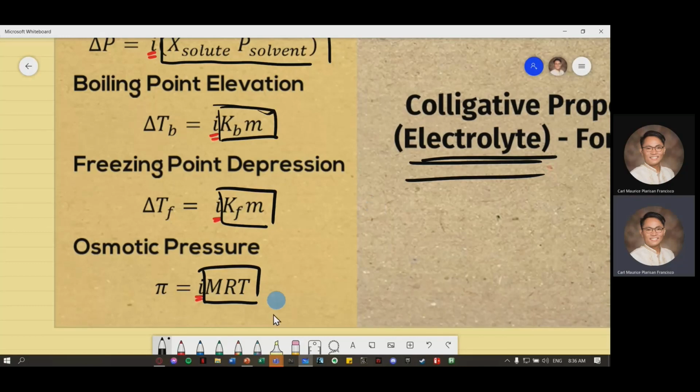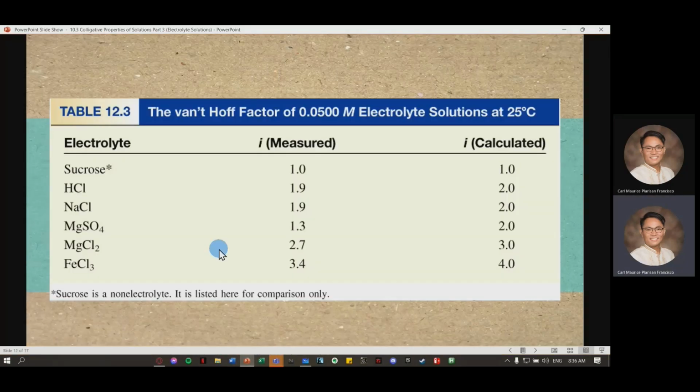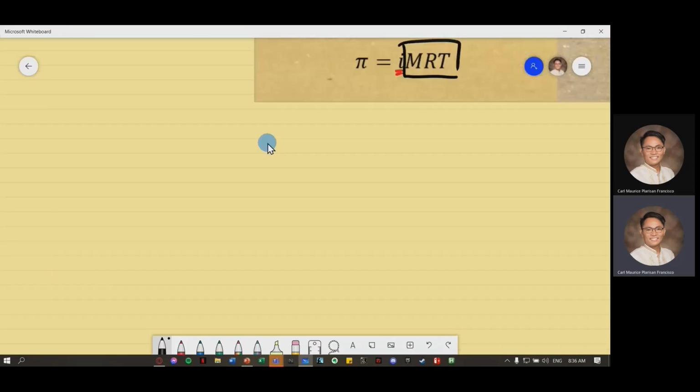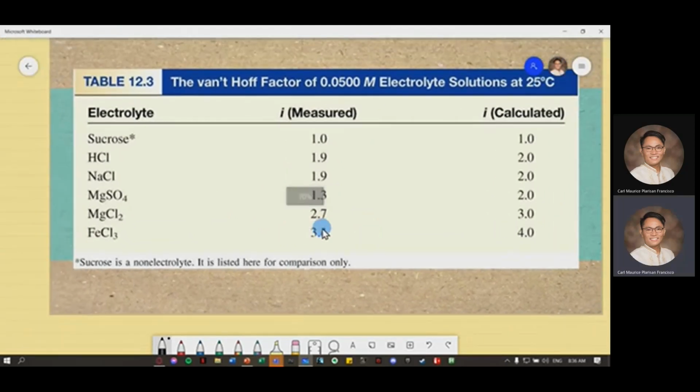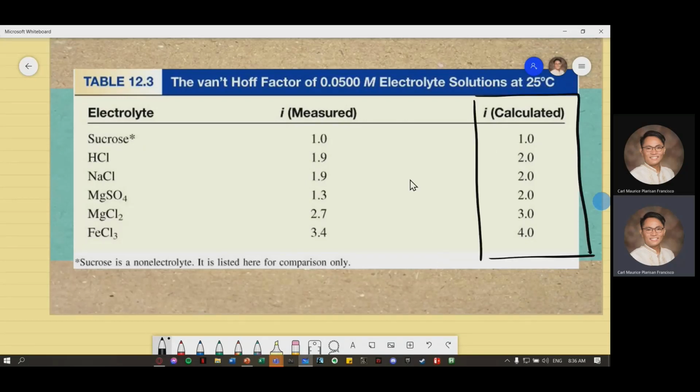Okay? Ayan. So let me give an example on how we apply them. Before that, these are your common Van Hoff factors. Ayan, ito yung mga common Van Hoff factor. So let me discuss this briefly. Pansinin, ito po. Kindly focus on the third column. This is the calculated Van Hoff factor, while this is the measured Van Hoff factor.